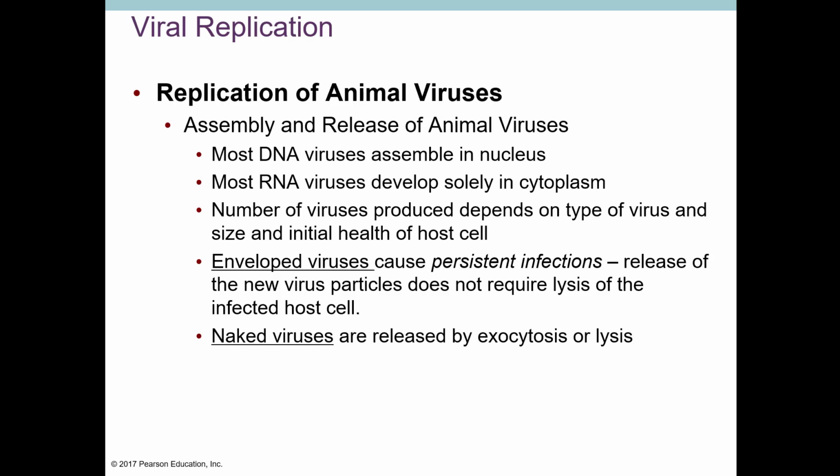And we call that kind of infection a persistent infection. Instead of the cell just in one big burst releasing new viruses, the cell stays alive, and it just buds off a constant dribble of new virus particles. And that's the way HIV works.